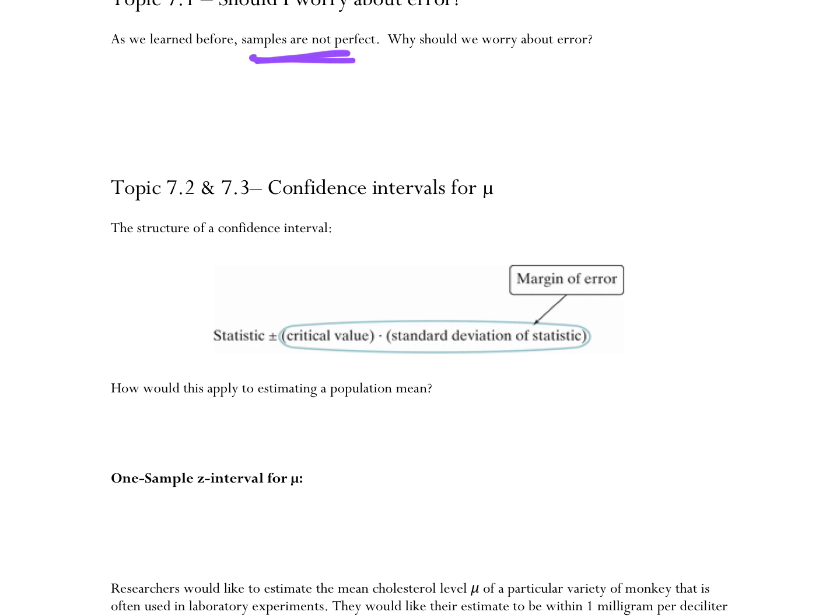You can't find a mean of a categorical variable. So for categorical variables, we use p hat to estimate p. For quantitative variables, where everybody's answer is a number, we use x bar to estimate mu. So we're switching from using p hat to using x bar to conclude about mu.